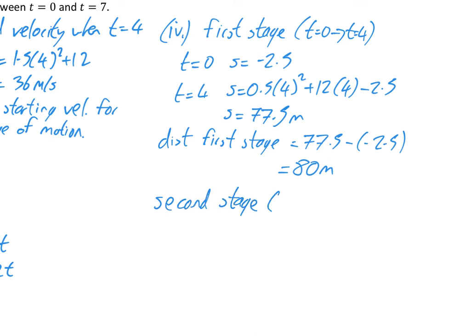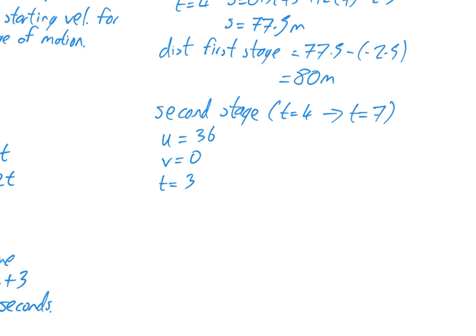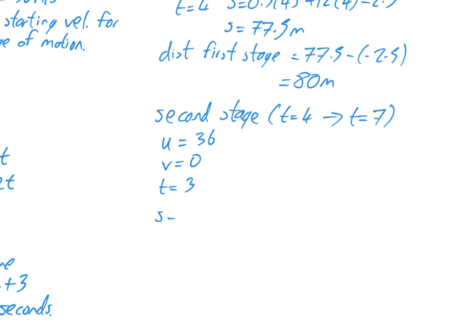Our second stage, so for the second stage of motion, so this is from t is equal to 4 on to, I think it was t equals 7. Yep, t equals 7. We need to find the distance traveled. So this was constant acceleration. Remember, our initial velocity was 36. Final velocity was 0. Your time was equal to 3 because it moved 3 seconds. And we want to find the displacement.